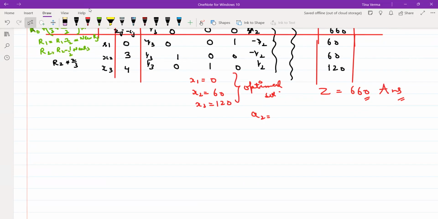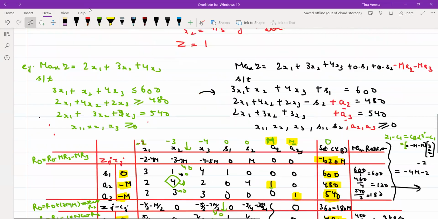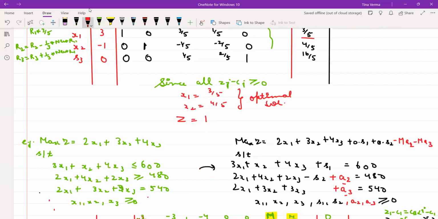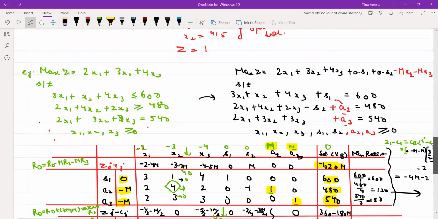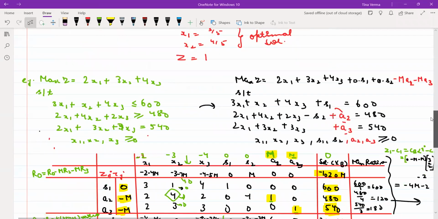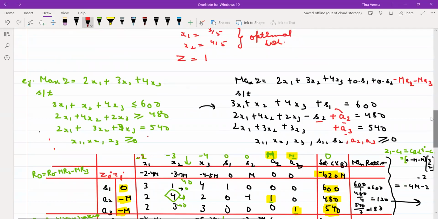If you notice the S2 variable, the behavior of A2 is just the opposite of S2.